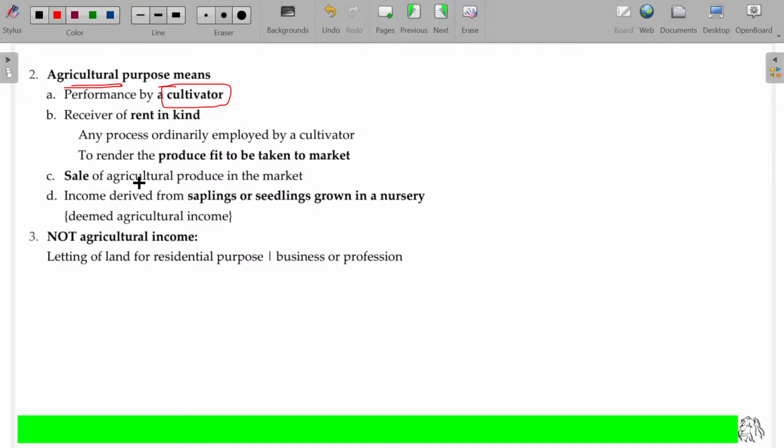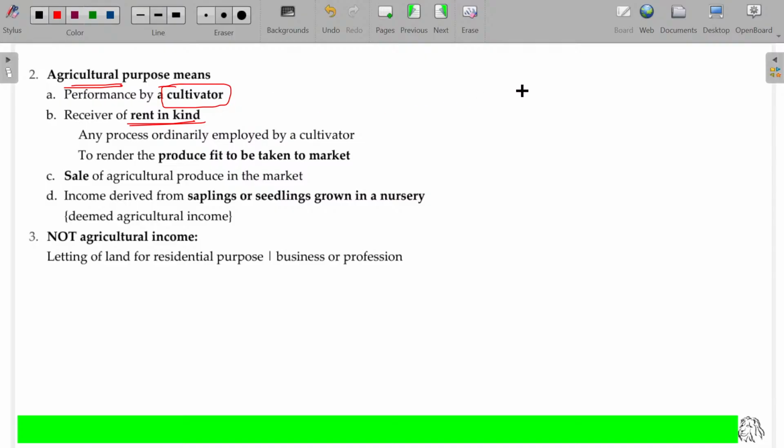So for that purpose, they may give us some small consideration. That consideration could be in kind. In kind means material form, not in the form of cash. Rent in kind. So the laborers will process and harvest. Out of the harvested produce, 30 or 40% may be given to the landowner.